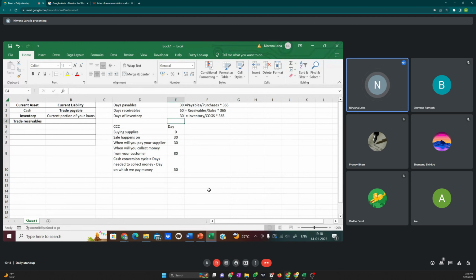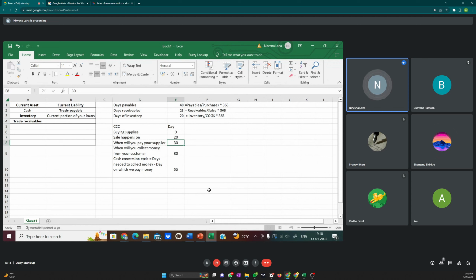On the other hand, if you are able to collect money faster, if days receivables becomes 25, and you can afford to pay money later, and your inventory is also very efficient. Suppose only 20 days, inventory revolves very fast. Then your sale is happening on day 20.